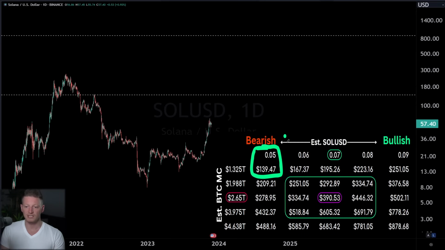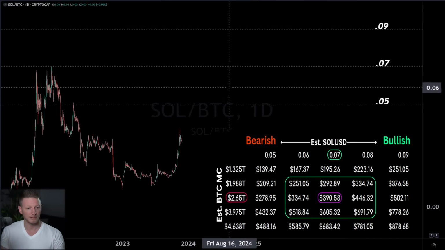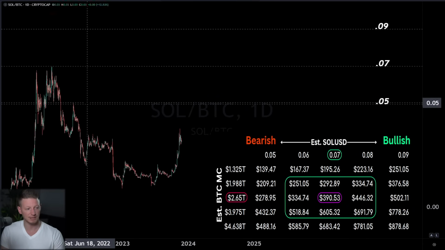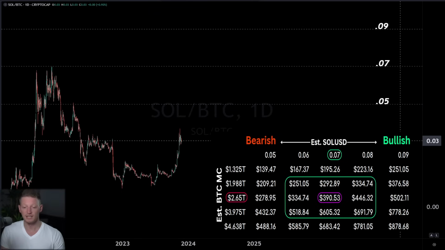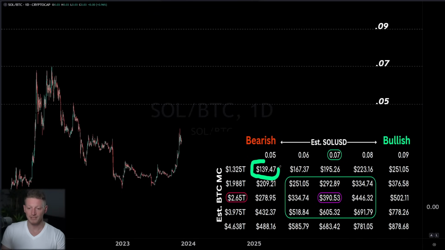And Solana significantly underperforms, right? Solana only gets to 0.05, so well below where it got to last cycle. In fact, this would kind of be like a resistance level right here. Okay. If that happened and Solana were back down at maybe $10, well, you might be expecting at worst, in a worst case scenario, a 14x from there, right?